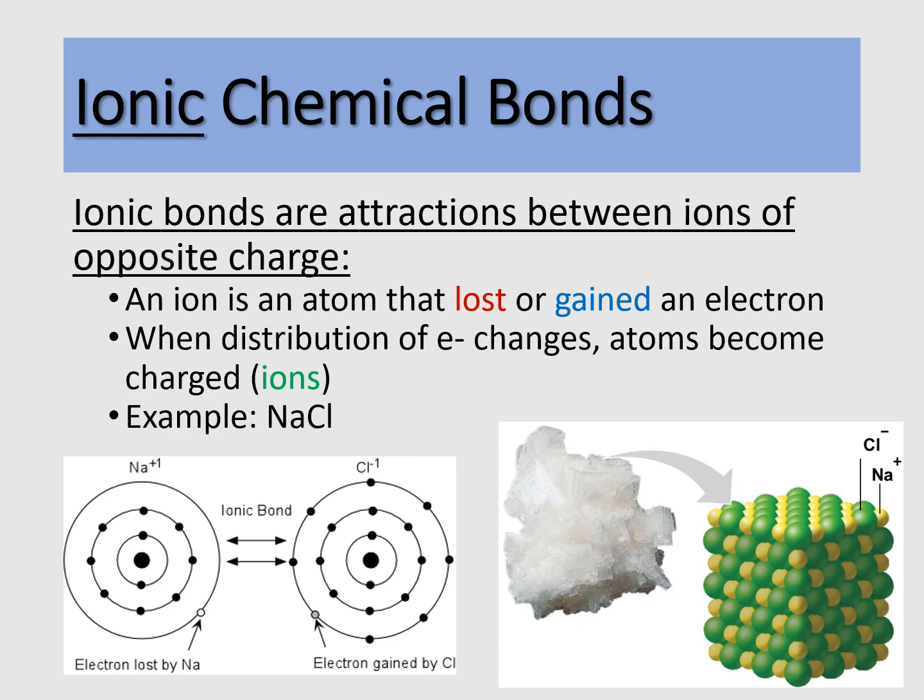So again, let's look at our example of sodium chloride. So we have our positive sodium ion because we lost an electron, and it's going to be attracted to chlorine because chlorine gained an electron and is now negative. So that attraction between those 2 charged ions becomes an ionic bond. And that is how we get this crystalline molecule of salt.